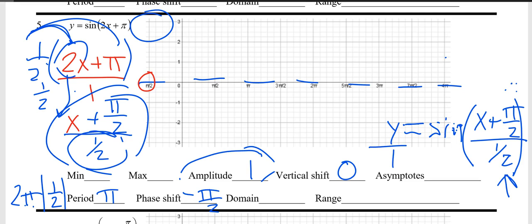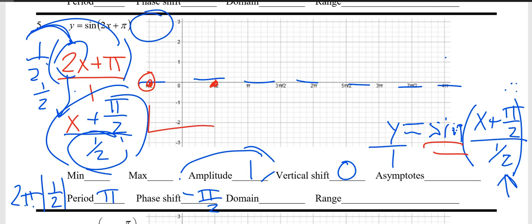Is that location on my wave or under the max? You think about the function you're dealing with, and the correct answer is on. How far to the right should I go before I find another place where it starts the cycle over again? How far? Pi. Okay, so that's pi right there.